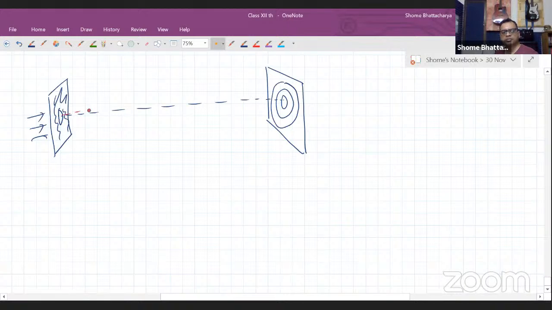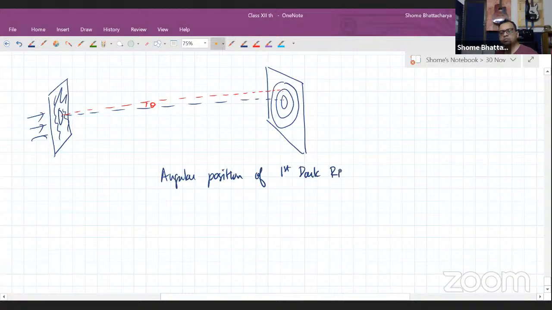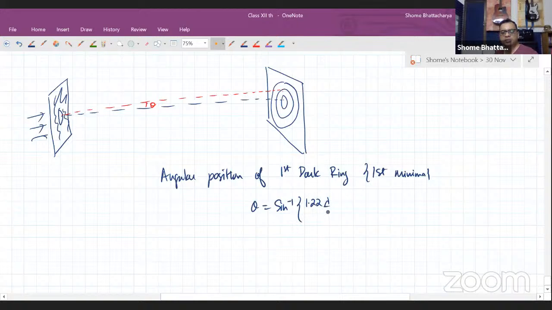So for the first dark fringe, for the first minima, the angular position, okay, with respect to the symmetry line, the angular position of the first dark ring or first minima is given by the formula sine inverse of 1.22 lambda by E. Where remember E is the diameter of the circular aperture.